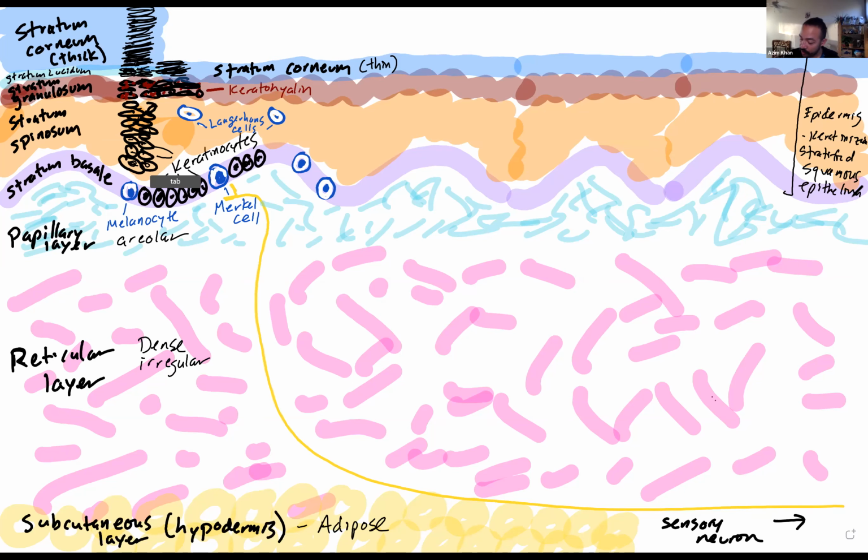The papillary and reticular layer together make up the dermis.